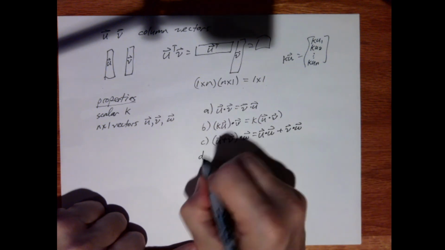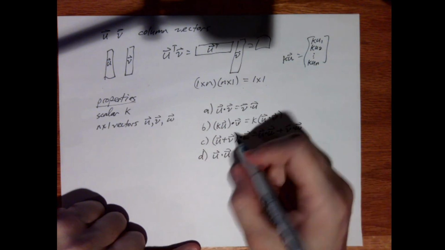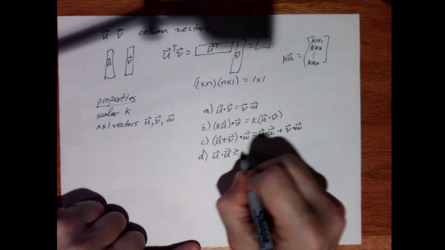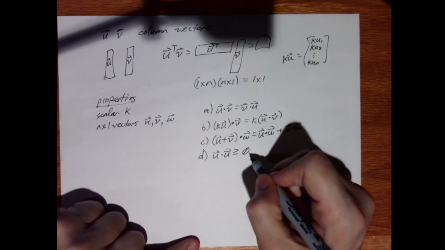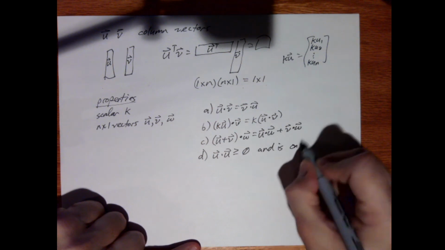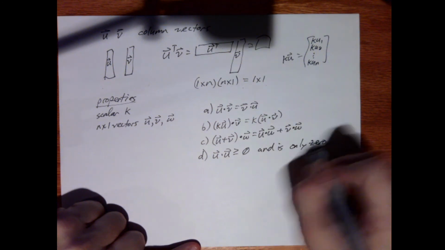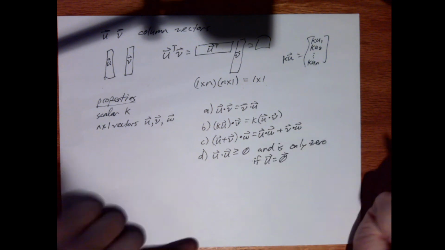And then finally, u dot u is greater than or equal to 0 if these are real numbers, and it is only 0 if u is the zero vector. Right?